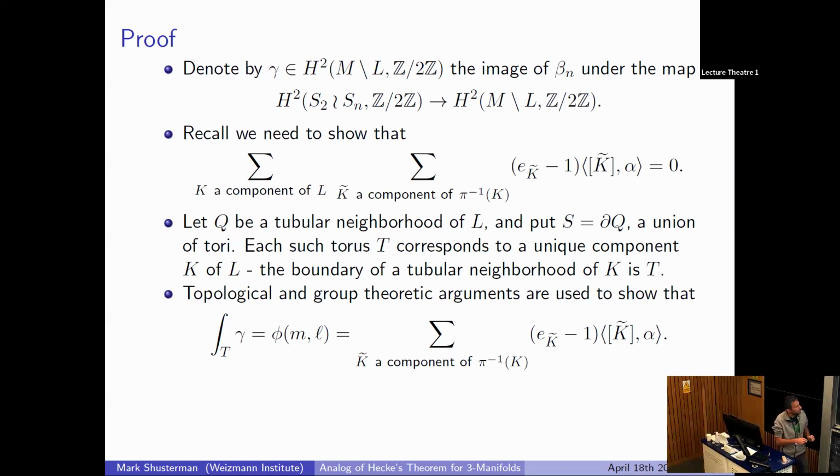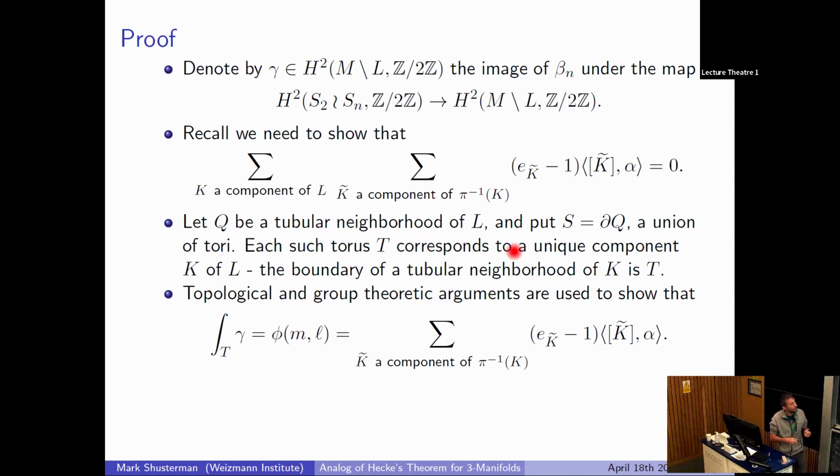Now maybe it makes sense to talk about what this torus T is. The way I say it here is you take a tubular neighborhood of this link L, but it's basically related to taking the tubular neighborhoods of the knots which build up this link.